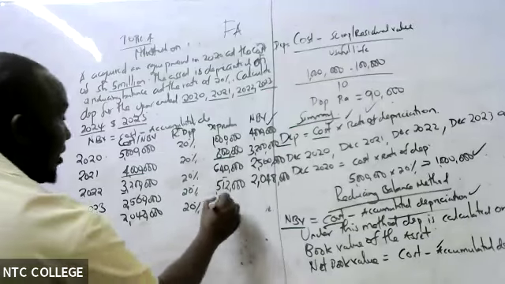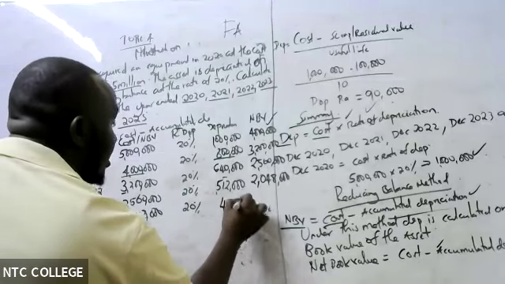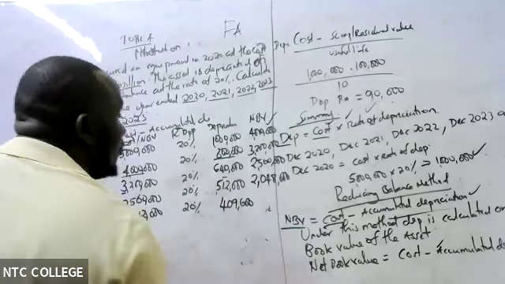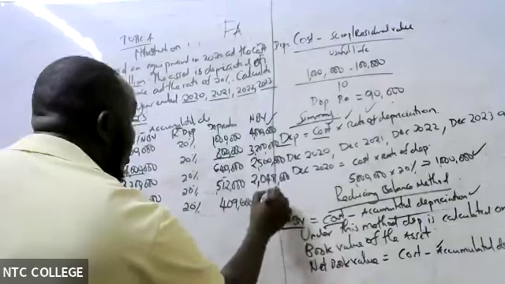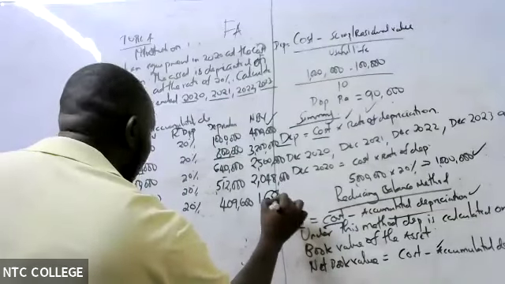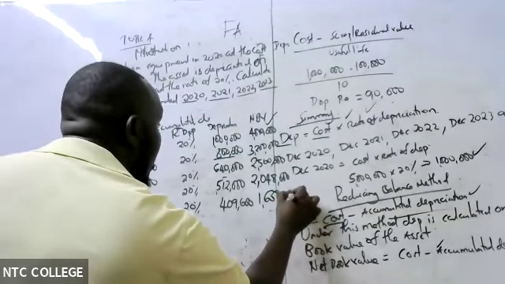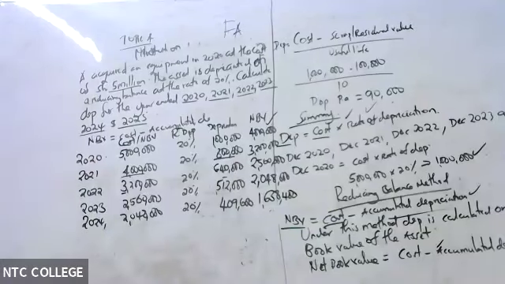So that should be 409,600. Then we have the net value of 1,638,400.